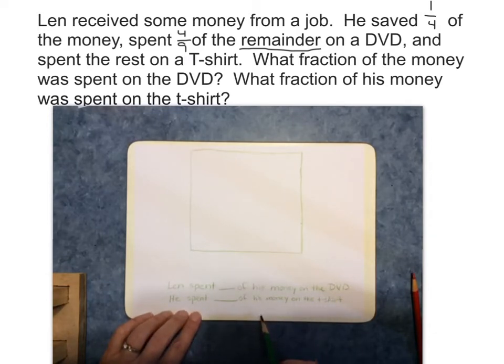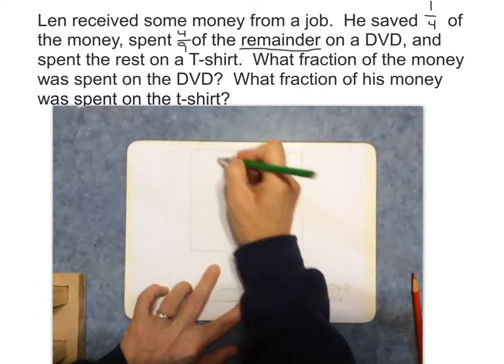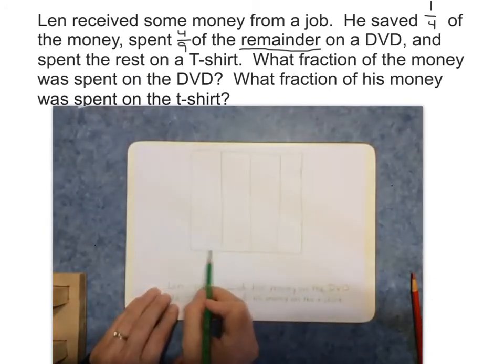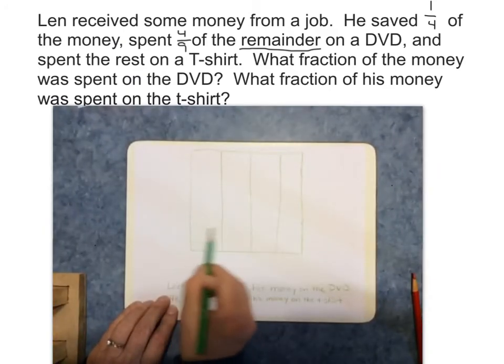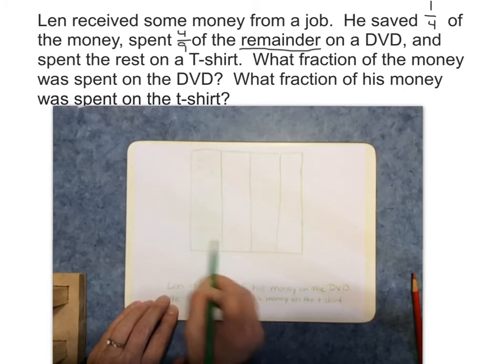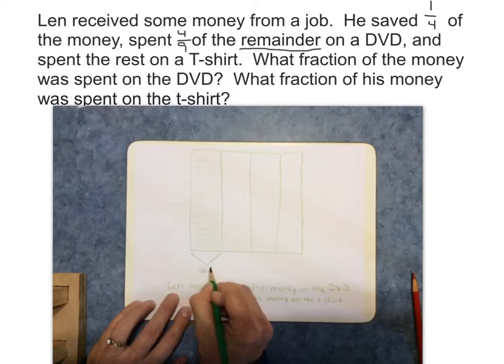I'm going to make my picture a little bit different because of the word remainder this time. So we still need the 1/4 of the money that he saved. So we're going to make our 1/4 here and color that out. But this time, I'm going to mark my 1/4 this way because this is what he saved.